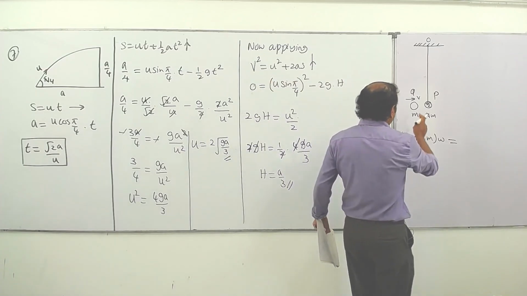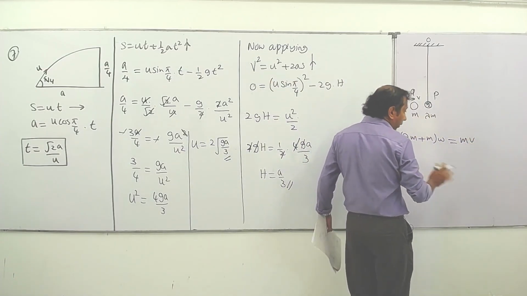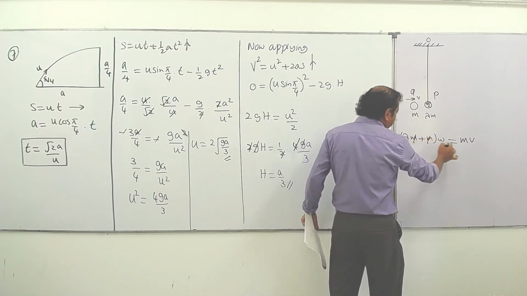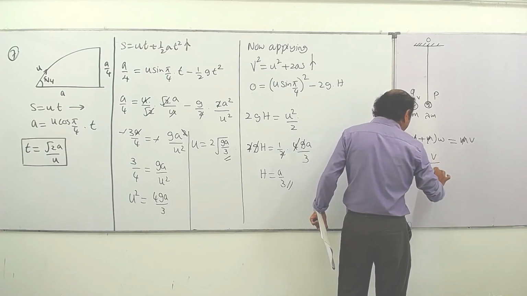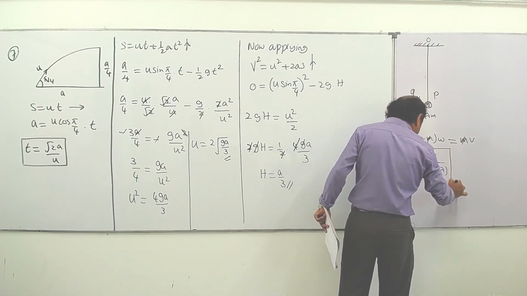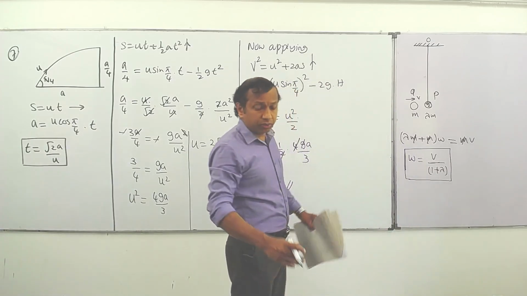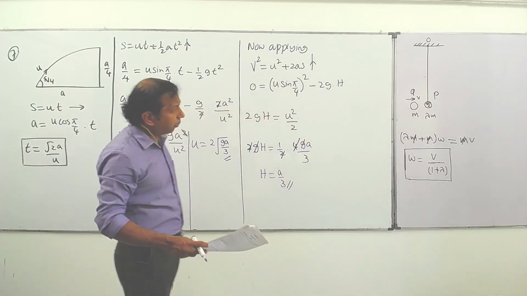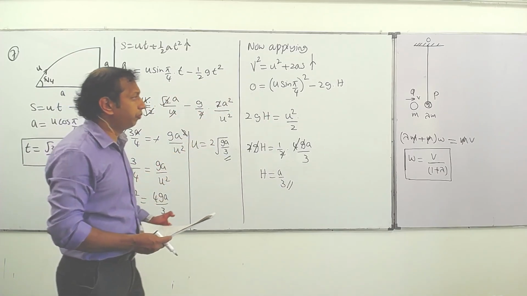Before collision, mv is the momentum. m you can cancel down. w you can make the subject: v over 1 plus lambda is the velocity of the combined particle after impact. Now this combined particle begins to move in a vertical circular motion like this.